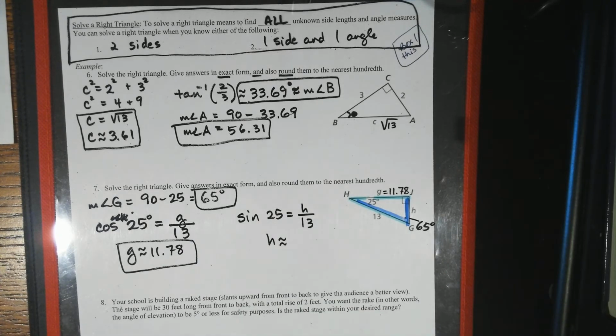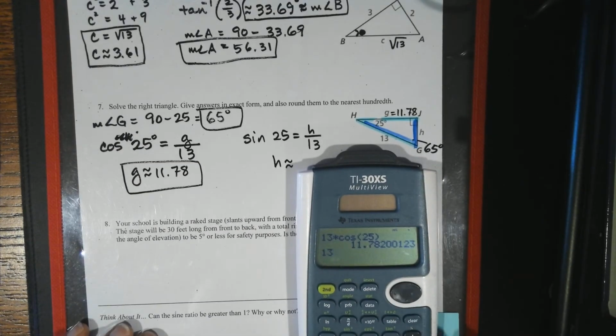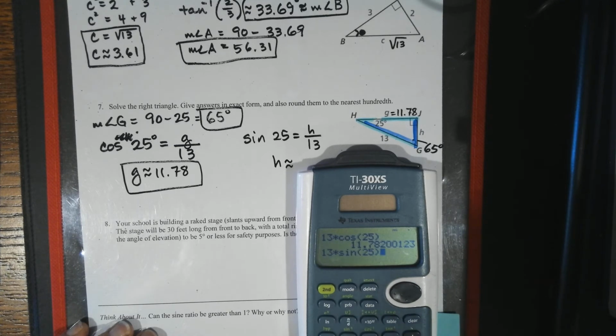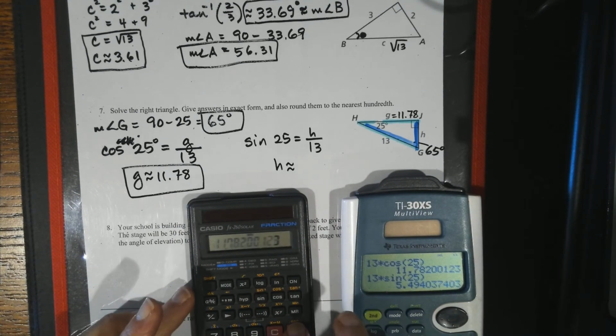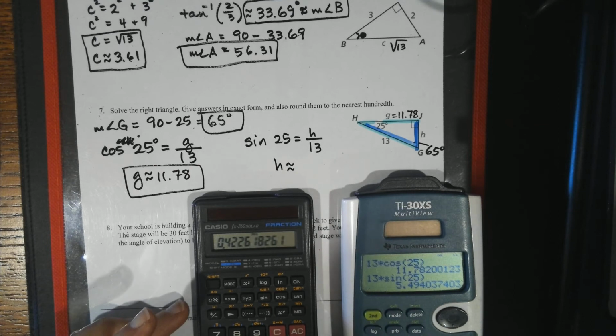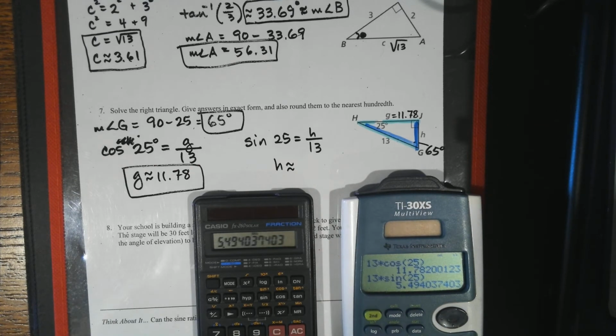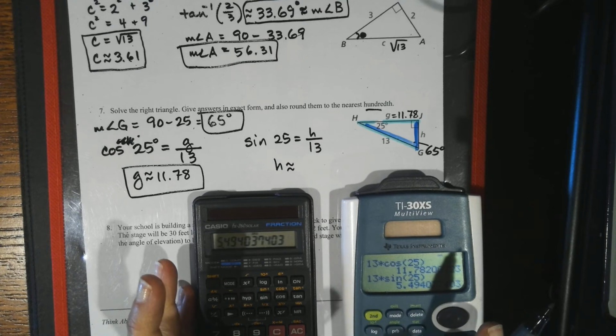One calculation, 13 times sine 25 gives me this. Or the other way around, I do 25 sine first, and then times 13. Both ways I'm getting 5.49, as hundredths, because it said hundredth. Right? So 5.49.